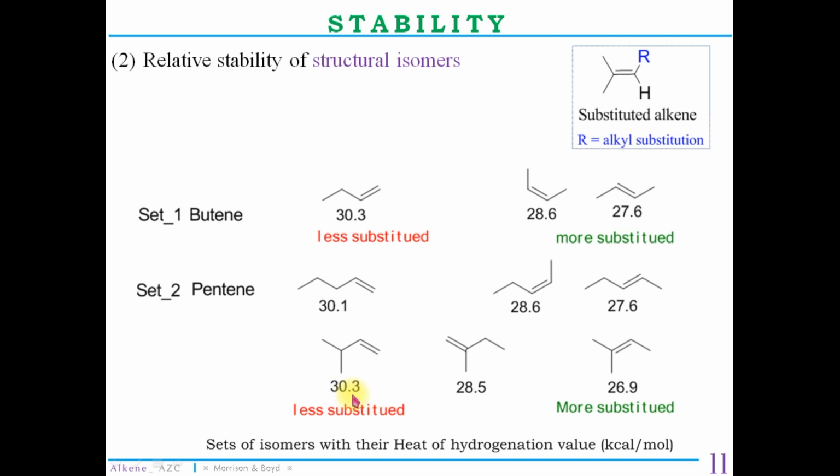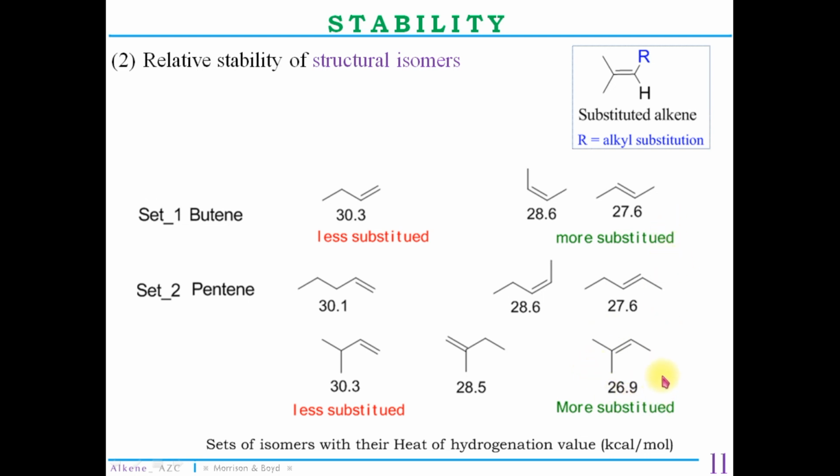Likewise in set 2, here there is only one substituent: there are 2 hydrogens, a third hydrogen, and an alkyl group, so it is a monosubstituted alkene. Here there are 2 methyl groups and a third methyl group, meaning 3 substituents, so it is a trisubstituted alkene.